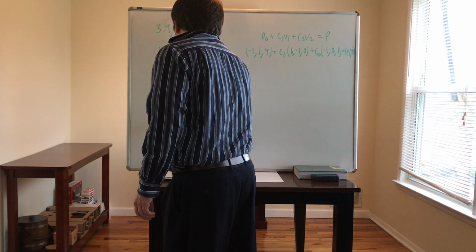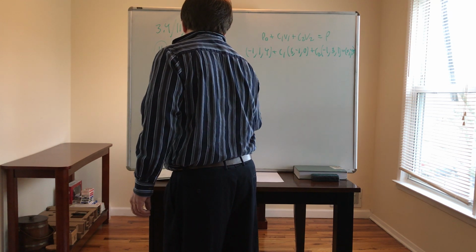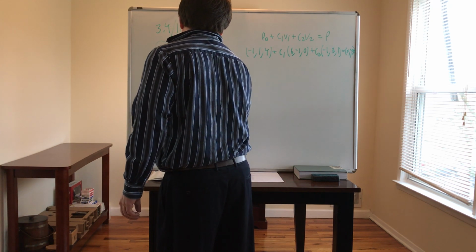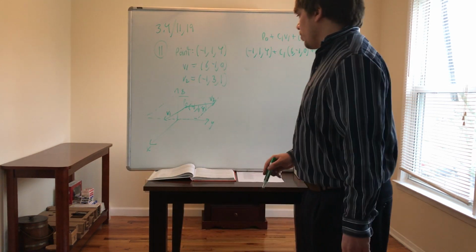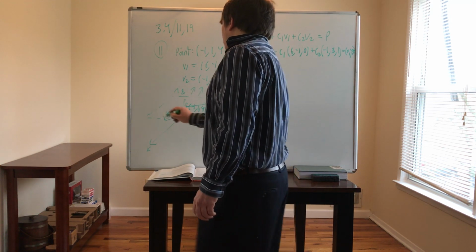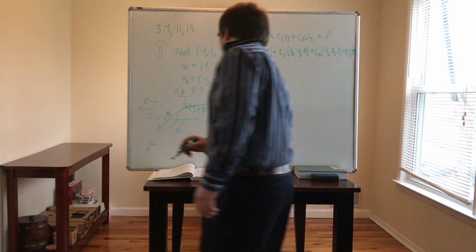And so let's say you look at the plane going through those two vectors, that those two vectors sit on. It goes through that point, right? There's our plane.